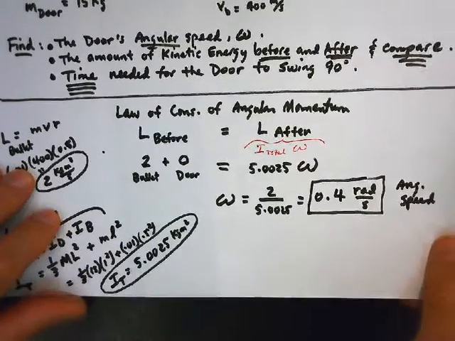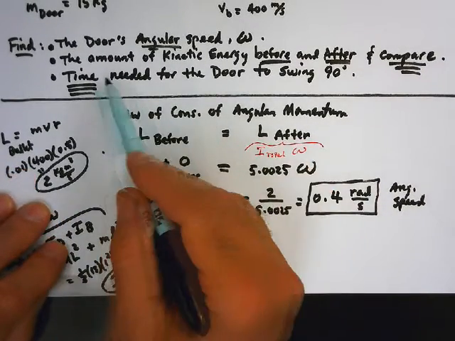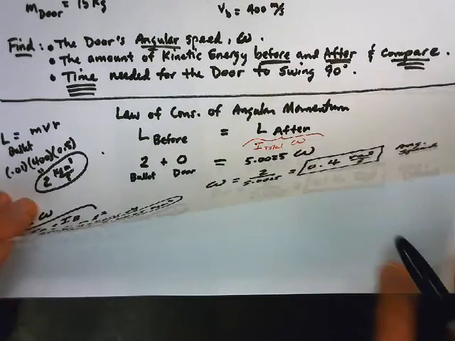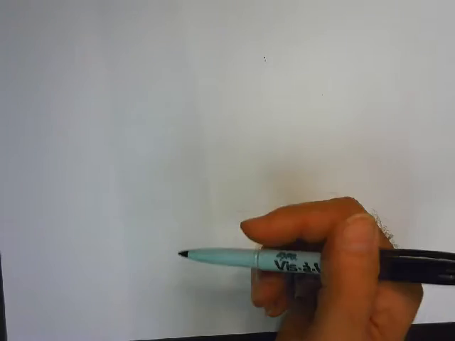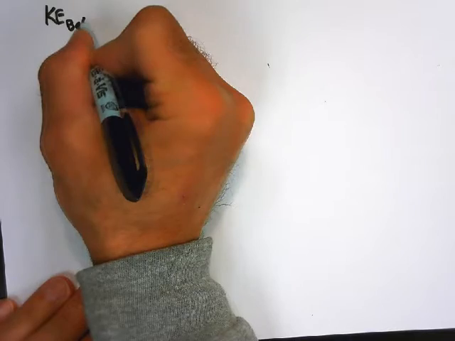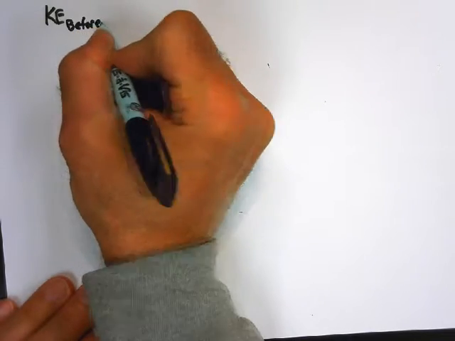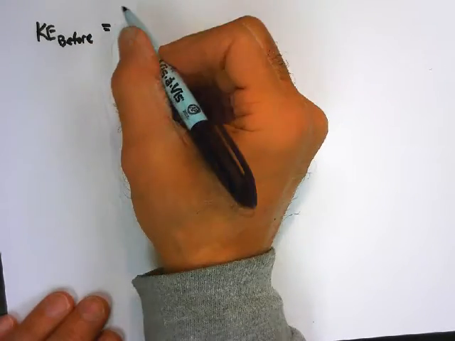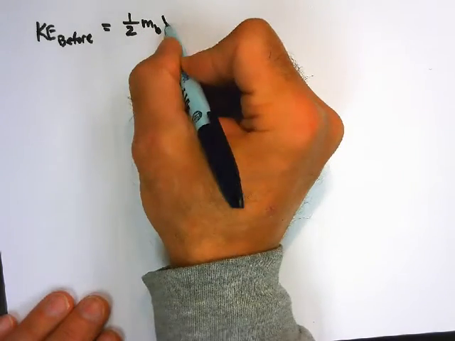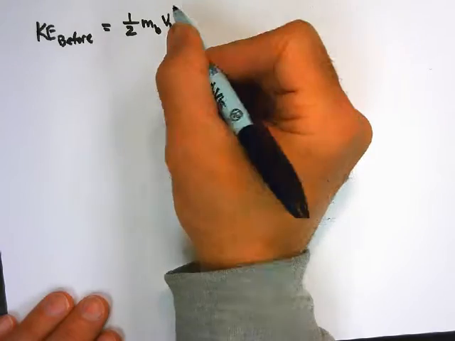Now the next question is, what's the amount of kinetic energy before and after, and compare? Let's look at the kinetic energy before. That's just the kinetic energy of the bullet, which is 1/2 mass of the bullet times velocity of the bullet squared.